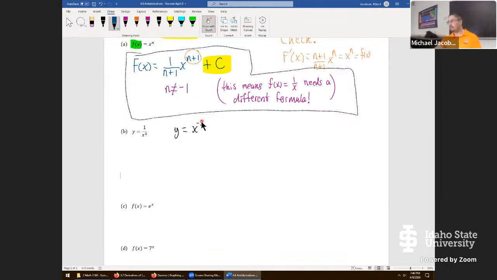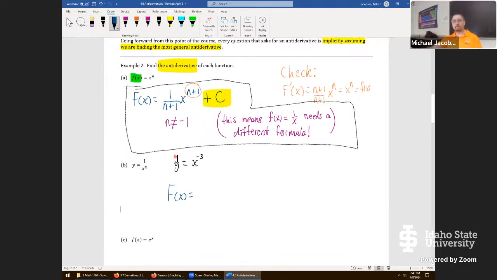We can just say f of x equals, we're finding the antiderivative. So even if we call it y, we're thinking of this as the lowercase f of x function, but color coding won't hurt. Now let's think back on what we have to do. The first thing that happens is from right up here, the power has to go up by 1.